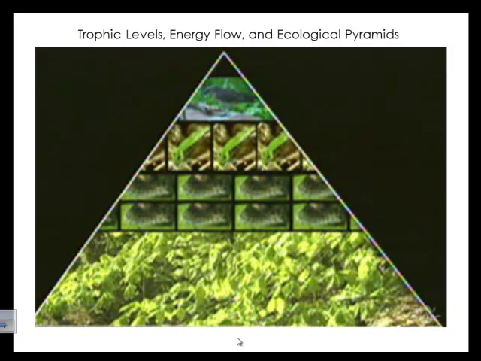They in turn supported just 1 third-order consumer, such as a lizard-eating bird. This pyramid clearly demonstrates how in a food chain, large populations of certain organisms are needed to support very small populations of other organisms.